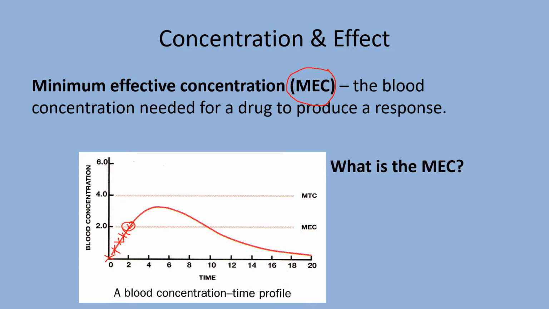So you take it right now, not working, not working, not working. It's building up in your system, and then once it reaches that level, then it's actually working. Enough of the receptors are being occupied that it's causing an effect. So very good. At about a blood concentration of 2 is the MEC. So here it is identified. Just follow it over to the value.